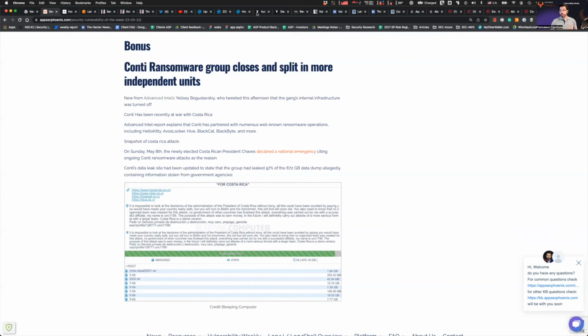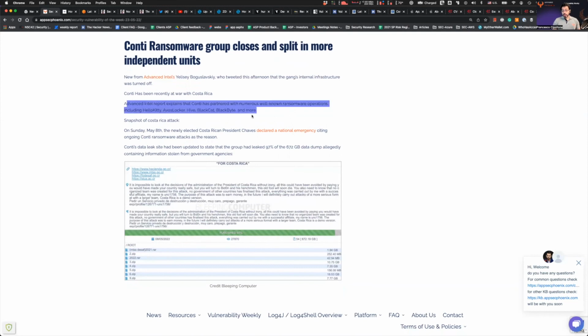I've included the latest information about the attack, especially President Chaves declaring a national emergency with these ransomware attacks across the board and with exfiltration, and because they didn't want to pay, data was dumped.